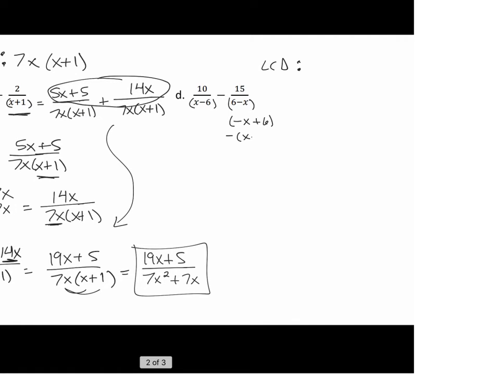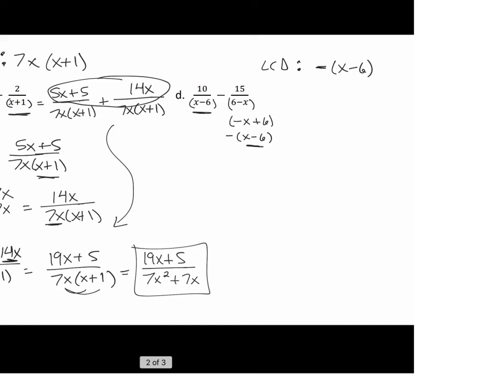Factor out a negative, and that's going to change those signs. So then look, we only have one x minus 6 factor. That's all we need, but we also need a negative then, which is very important. If there is a negative, your LCD should have a negative so that these can be exactly the same denominator.